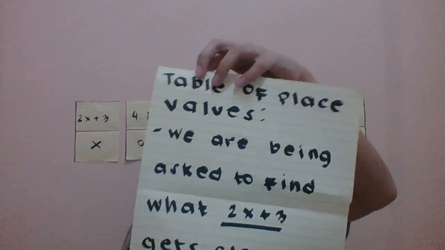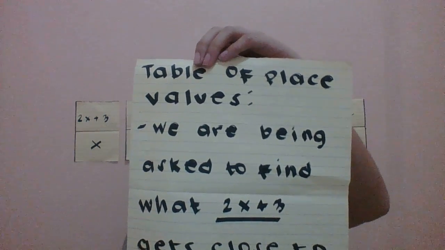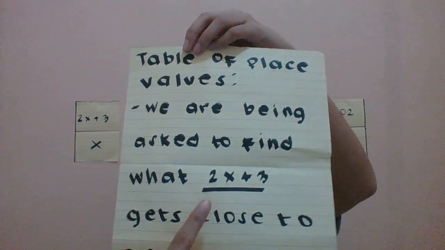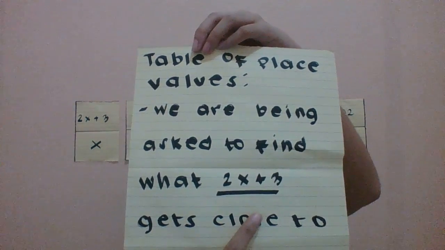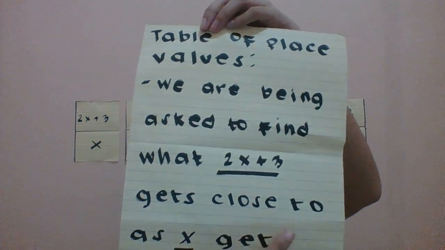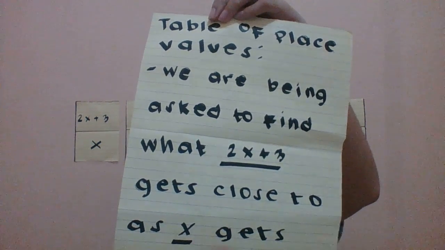Here, we are being asked what 2x plus 3 gets close to as x gets close to 1.